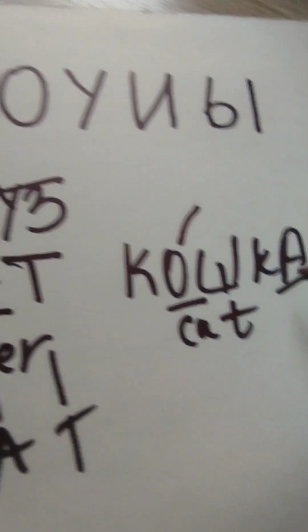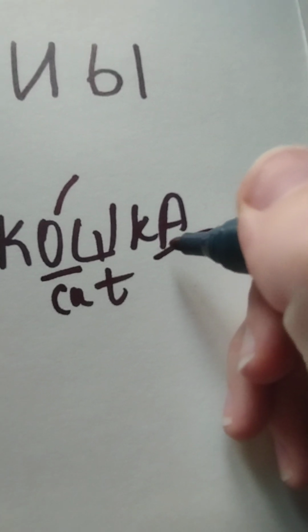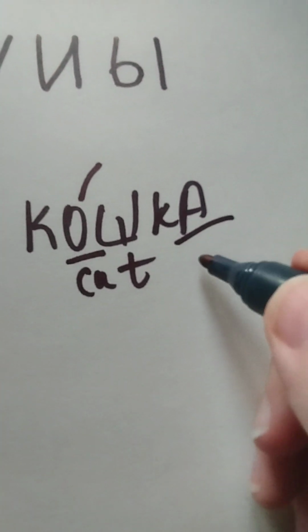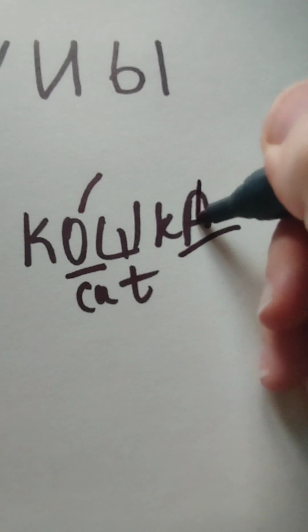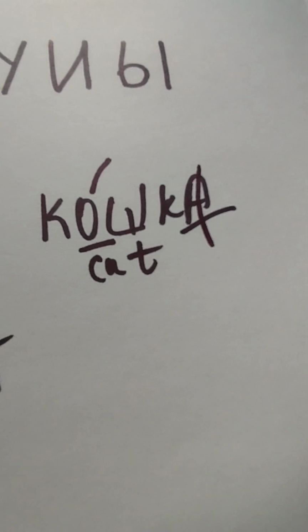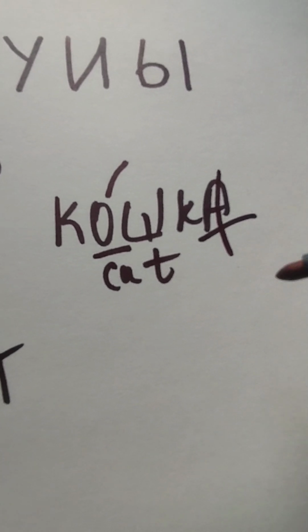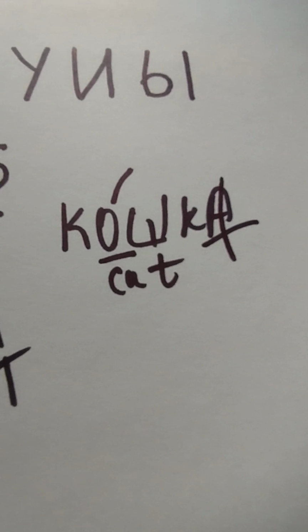We also hear the letter A, but it's like a little bit reduced, so it's like a half of this letter. So it's like koshk, koshka, koshka.